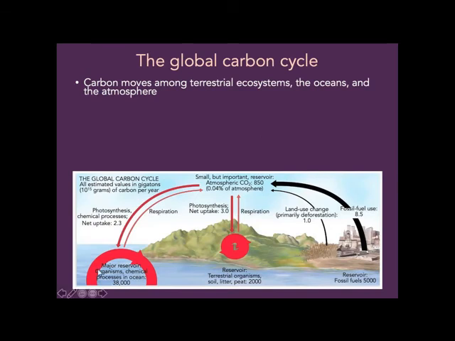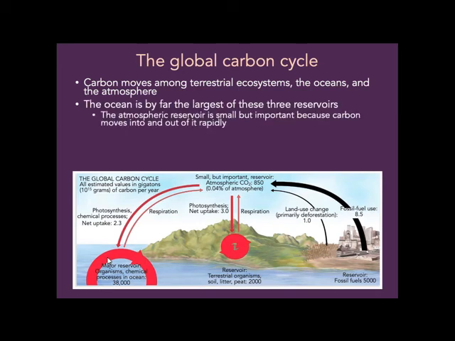So the major reservoir for carbon is the ocean, okay? We talked about this a little bit. Carbon gets kind of locked up in the exoskeletons of sea creatures, which falls to the bottom of the ocean and hangs out there, right?